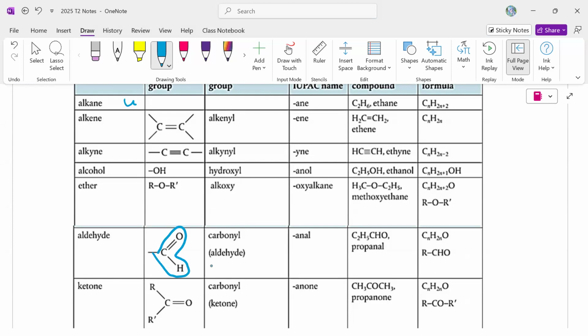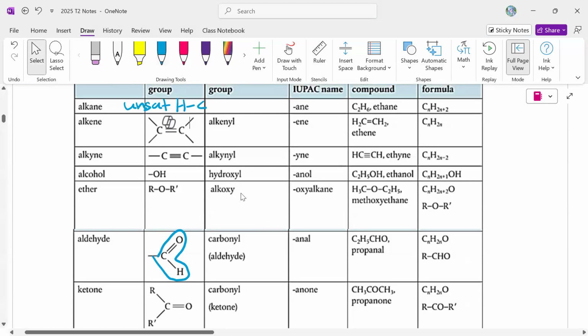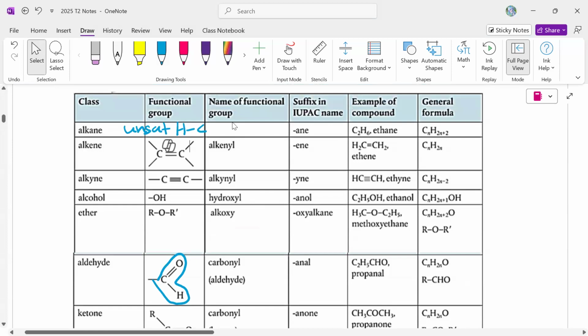Okay, so a very quick recap. Alkanes are actually saturated hydrocarbons. So you can see under the category of functional group it is blank. It has no functional group, actually, it has no name. Alkene, yes, we start to see this feature, C double bond C. The name of this functional group is not alkene. The class is alkene. The name is alkena.